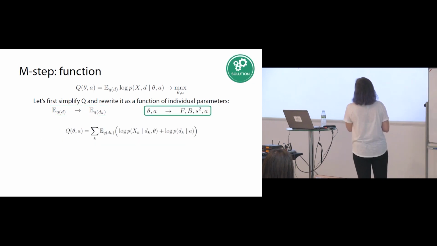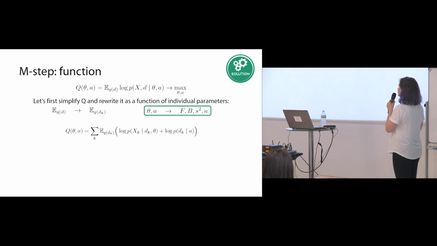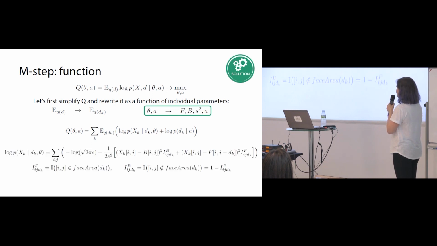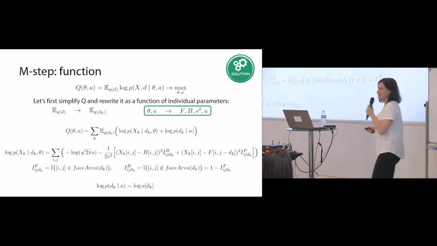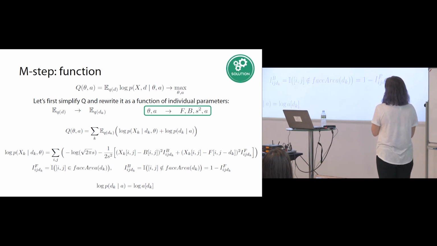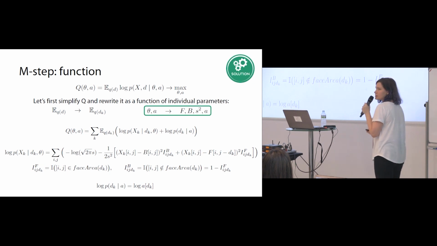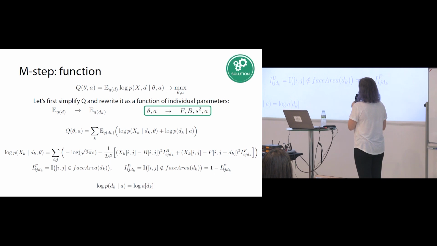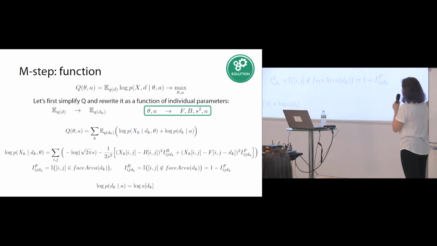I think yes. The second part. This is the result from the first part. The second part: we simply write formulas for the log likelihood and for the prior. This is the log likelihood and this is the prior. I have a new notation here. I have two masks, IF and IB. These are simply binary masks, which say whether the pixel is from the background or from the face. So let's speak a little bit more about this long formula.